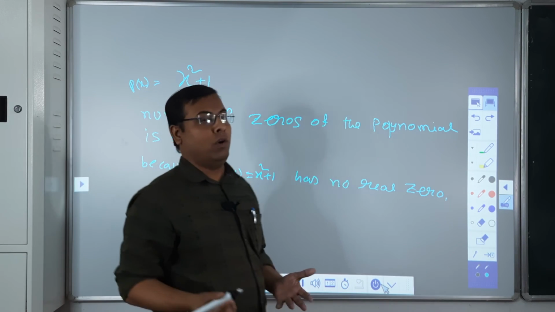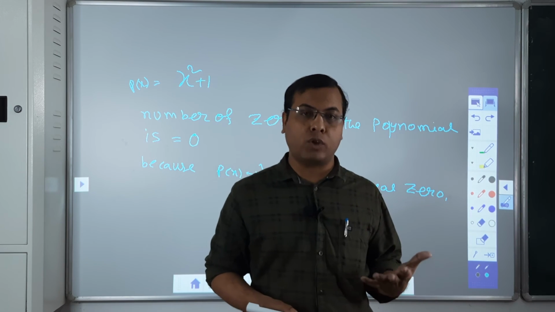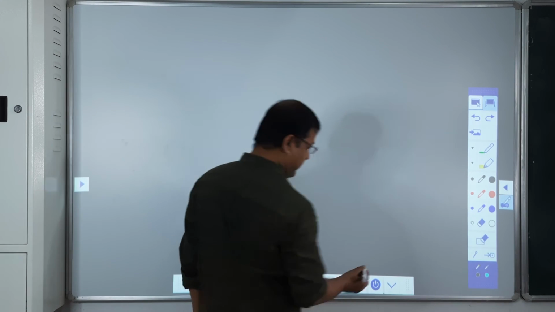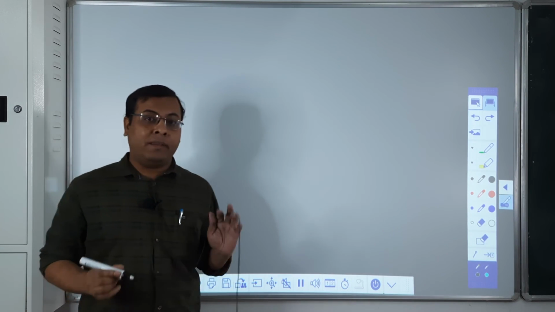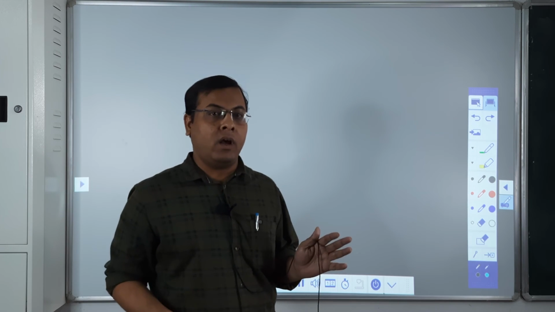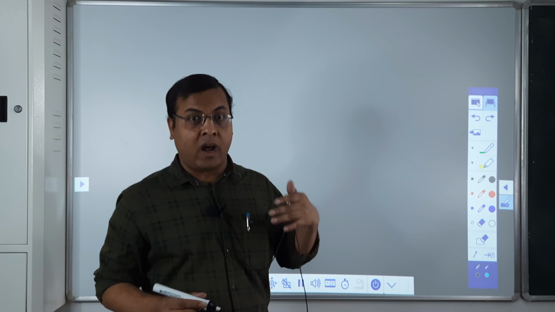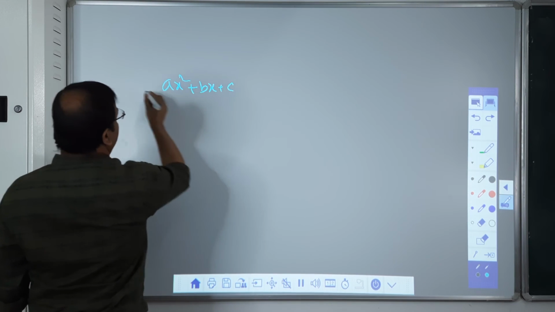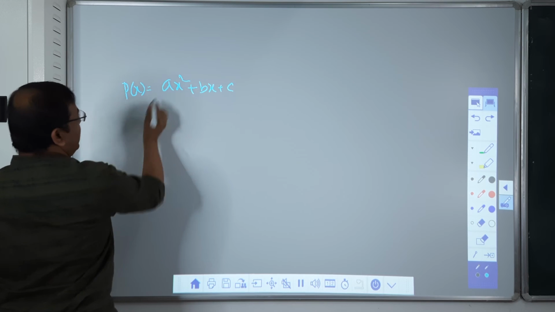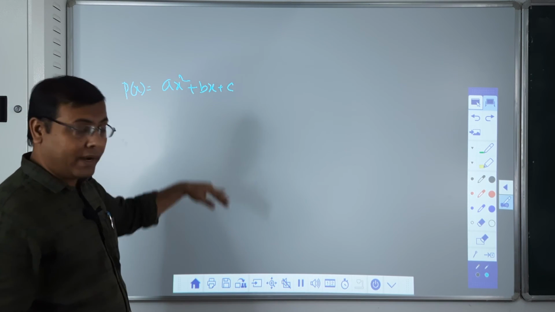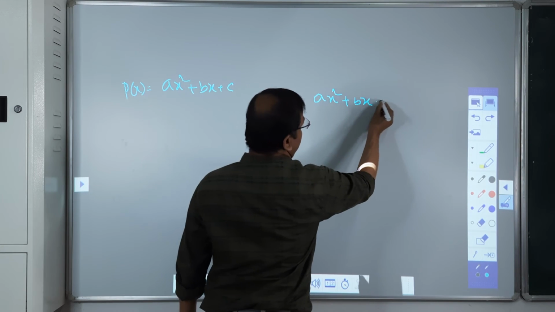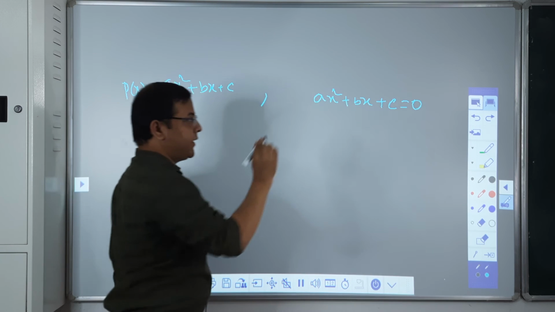Now, how to solve or find the zeros of a polynomial? There is a clear difference between a polynomial and an equation. ax square plus bx plus c is a quadratic polynomial, but ax square plus bx plus c equal to 0 is a quadratic equation.